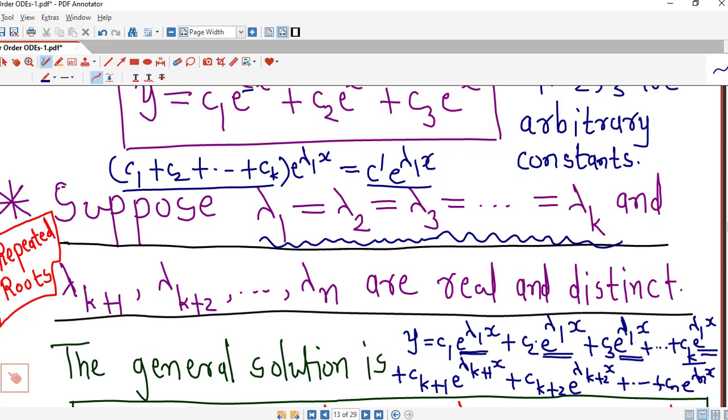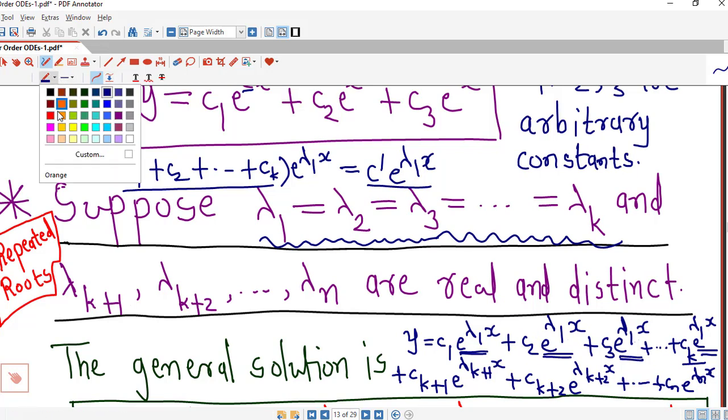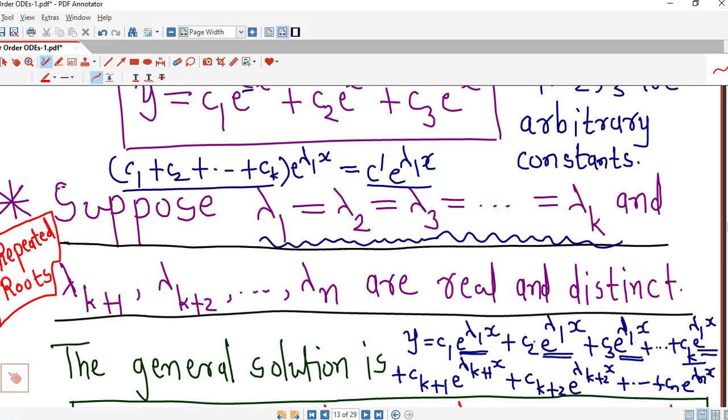To sort out this problem, we will multiply by powers of x. To make these two different, we multiply with x. Similarly, to make these two different, we multiply by x square here, and so on. We keep on multiplying by powers of x. If I have c3, I multiply with x square. In the next term, I will write c4 x cube e raised to lambda 1x.